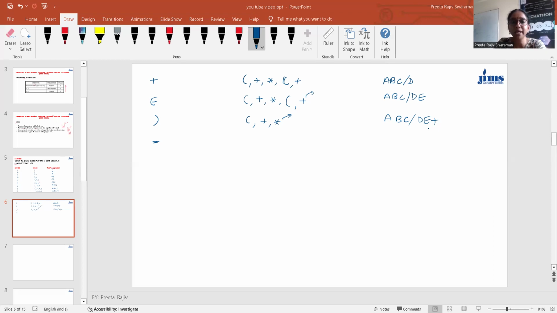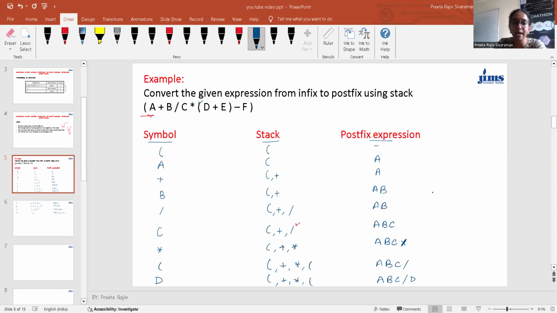But if you see here, plus and minus have the same priority, so they also cannot stay together. So this plus will also be popped out. So finally, we are left with opening bracket and minus in the stack. And since each operator from the stack is popped out, it will be ABC slash DE plus multiply and plus.